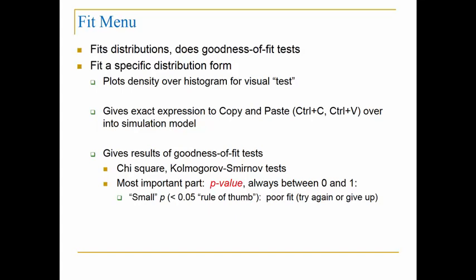I will not give up, even though I listed it here, but give up in the sense that we might need to go and get more information from the system. Okay, so if you get a p-value that is greater than 0.05, that means that you're finding a good fit for your data and you're good to go, and you can use that information in your simulation model.